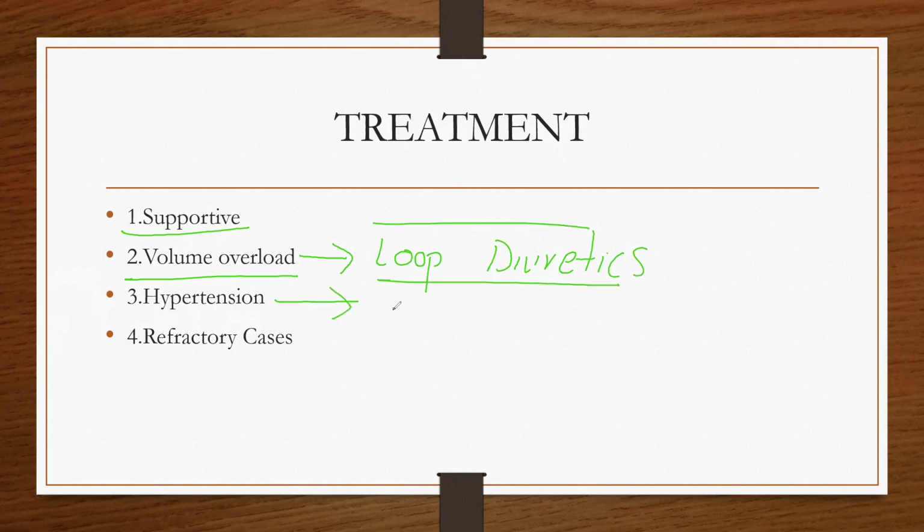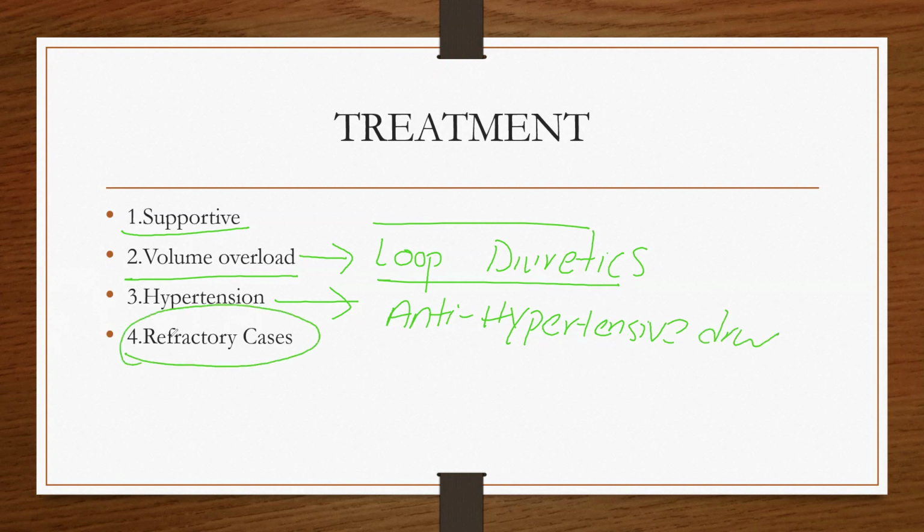Hypertension is treated by antihypertensive drugs, while refractory cases of streptococcal glomerulonephritis will be treated by dialysis. So dialysis in case of refractory disease.